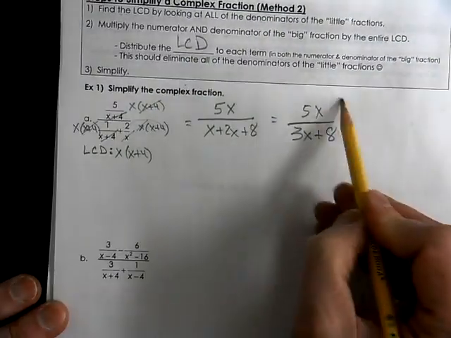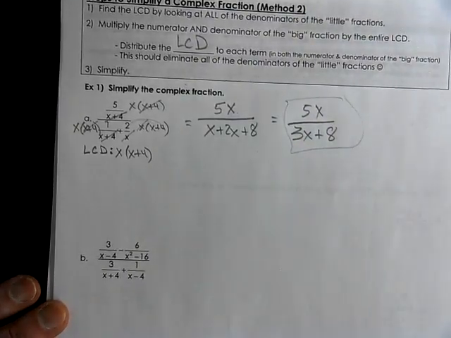There we go. We're done. So that works out pretty well. You've got to identify what the LCD is. You've got to multiply it to all the individual little fractions. And it's kind of magic work, and it makes each of those fractions eliminate the denominator. It's very convenient.